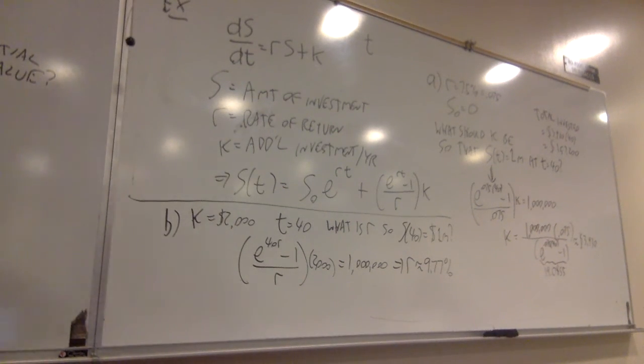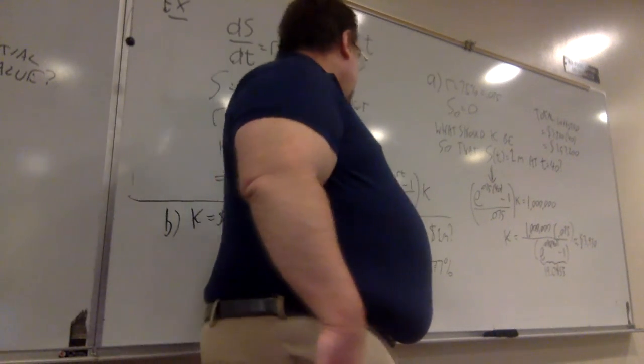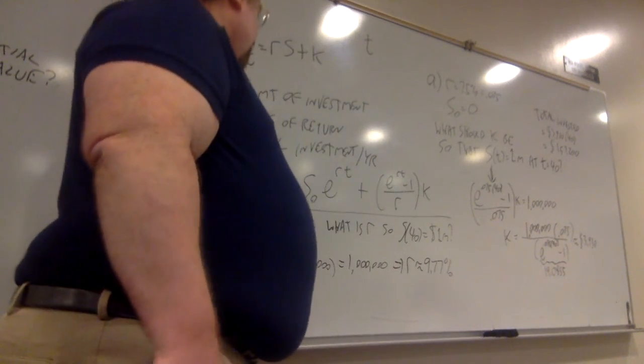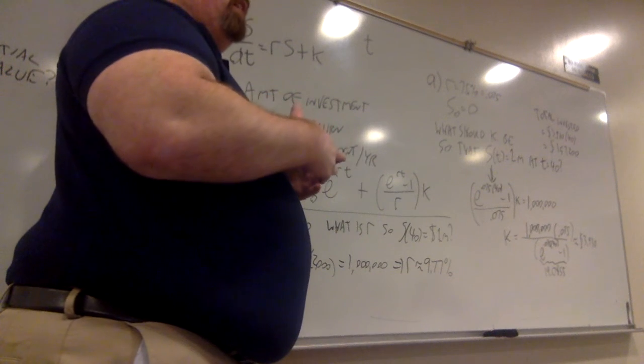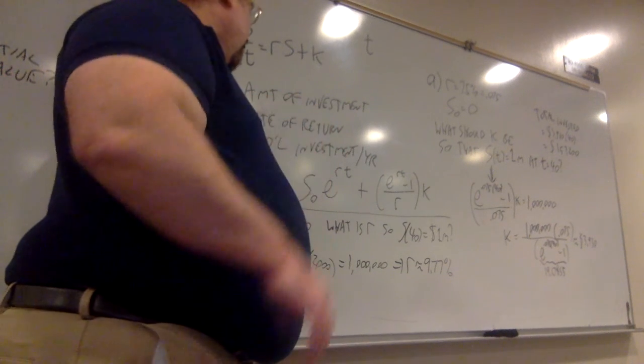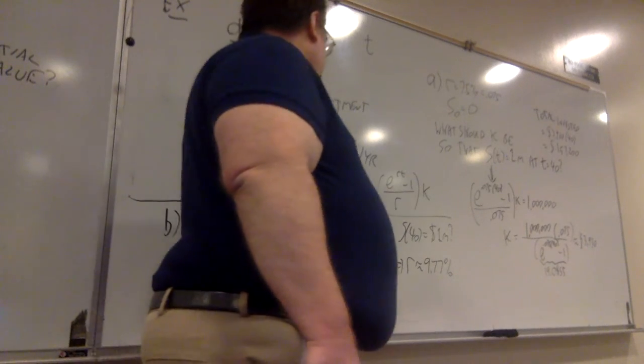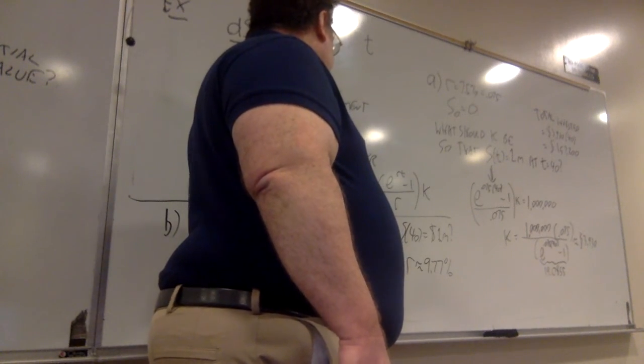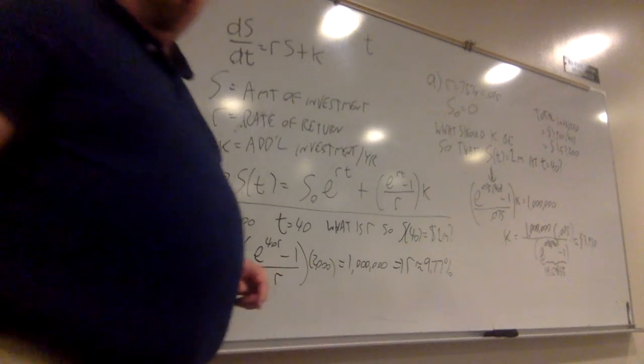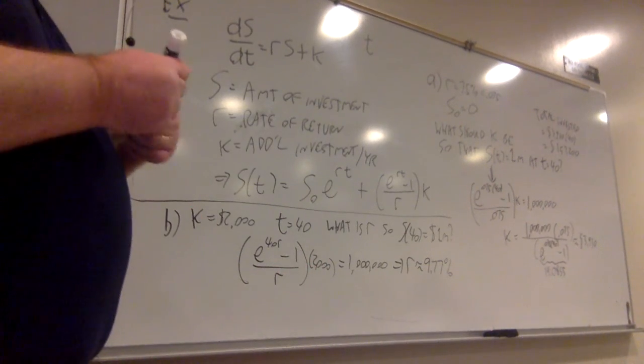Like, suppose you didn't have this term here, and the question was, if you just want to put down a certain amount of money all at once, and find out what the rate of return should be, so that after 40 years you get $1 million. In fact, because there's time, I'm going to go ahead and answer that.